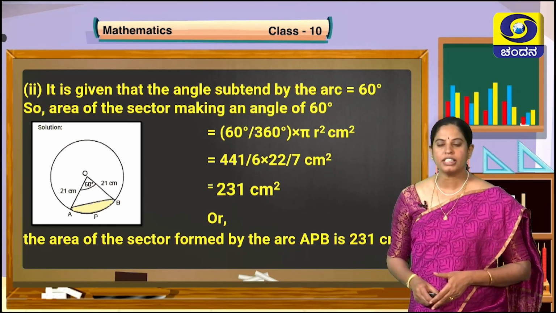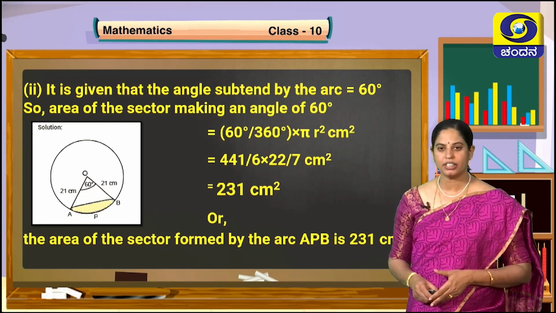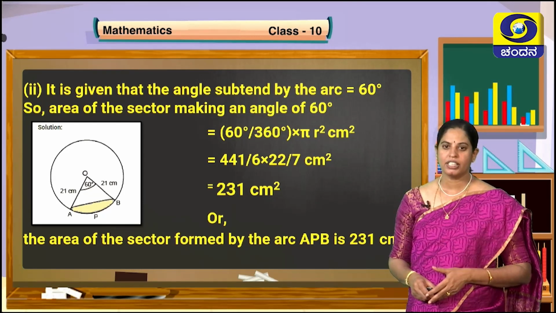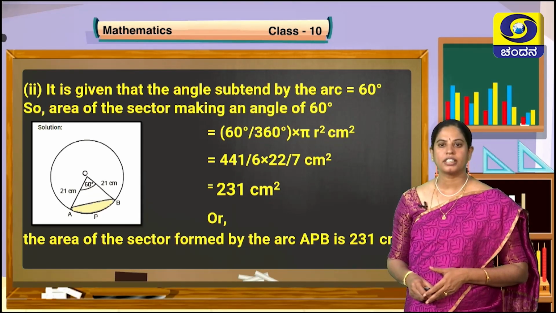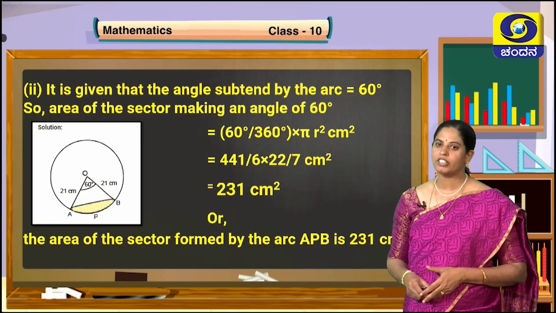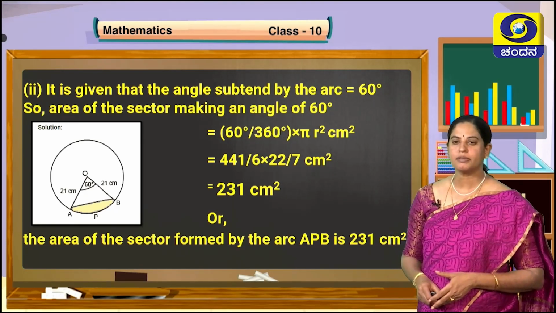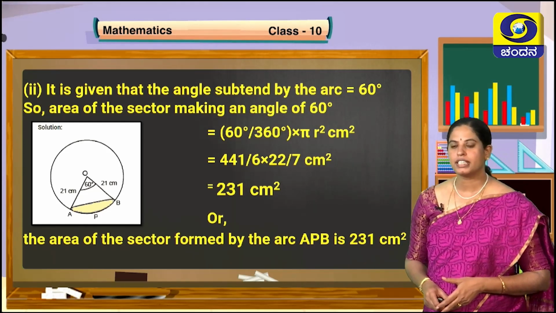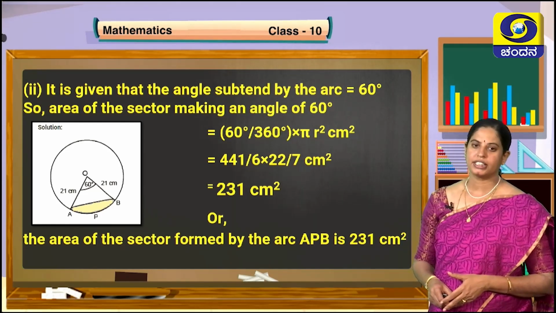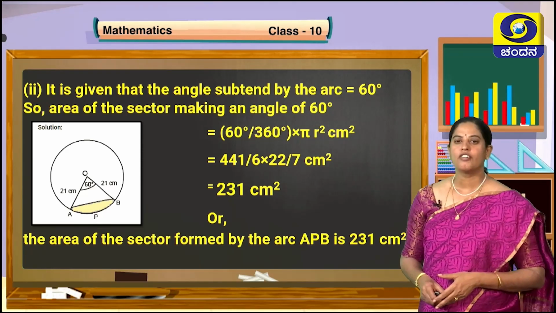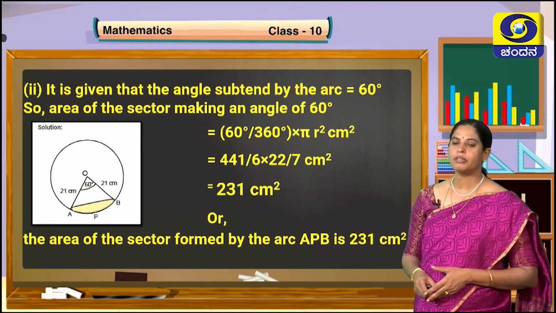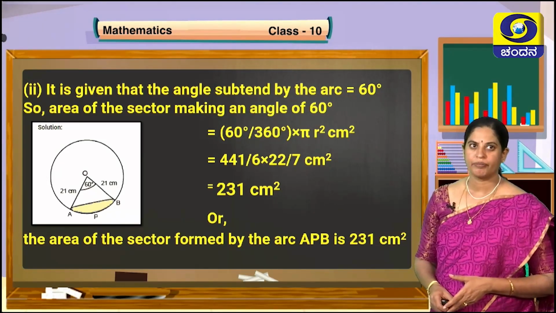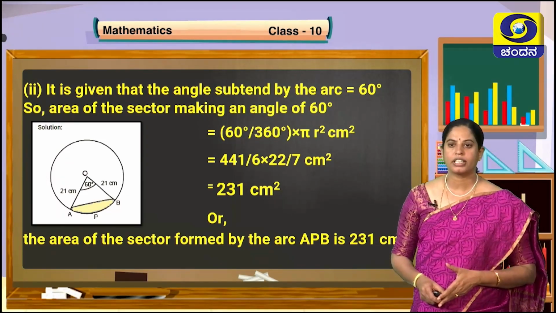In place of theta we are going to substitute 60 degree divided by 360 degree into pi, that is 22 by 7, and r is 21 into 21, that is 441. After simplification we are going to get 231 centimeter square, that is the area of the sector formed by the arc APB is 231 centimeter square. I think you are clear with this.